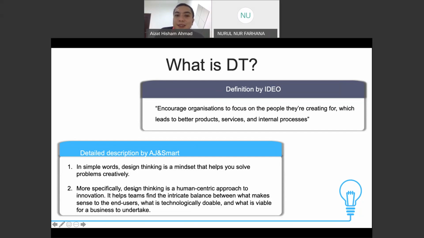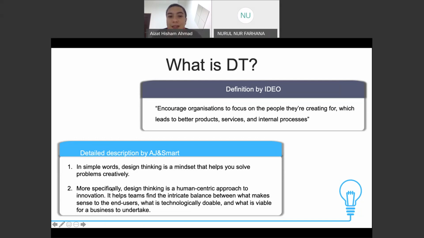So in the description by AJ and Smart, look at number 2, human-centric approach, which means that you have to focus on the people, again, the stakeholders. Who are the people that you're thinking about to innovate something? And of course to complement technology, but always bearing in mind what the humans or other stakeholders need, or the importance of people's involvement in certain innovation.